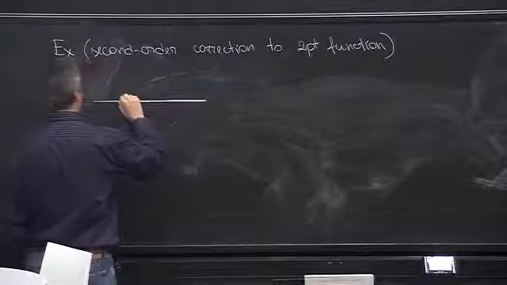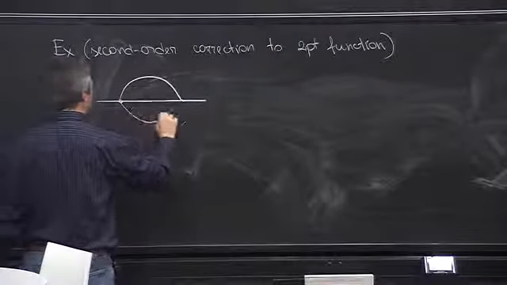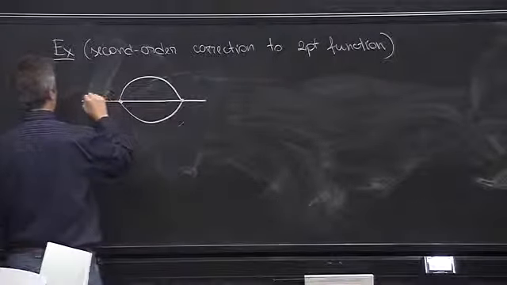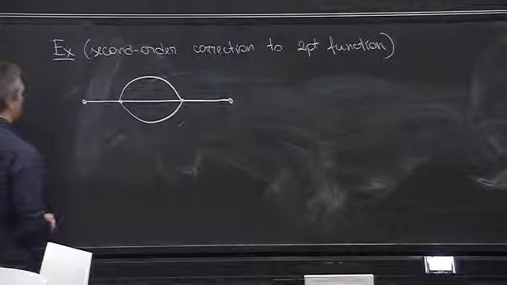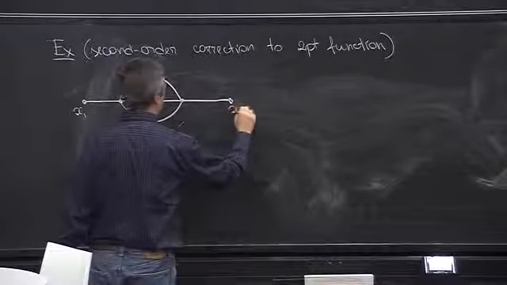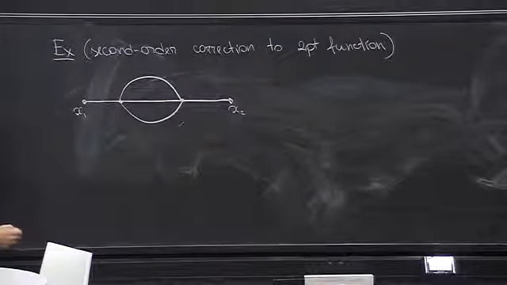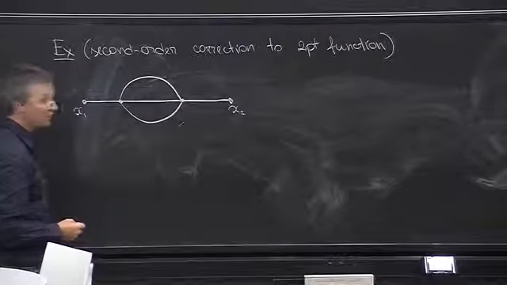We'll only discuss one diagram. It's sometimes called the sunset diagram. So we have two external points, x1 and x2. And then we have this double bubble in the middle.